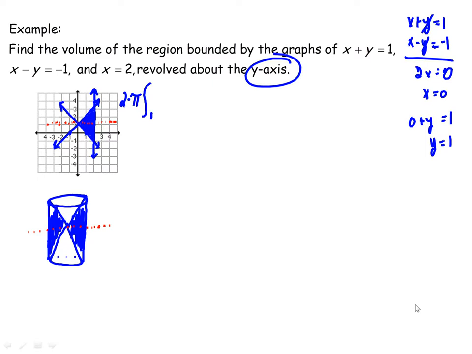Now how am I going to figure out the upper boundary? Look, here's the upper boundary. What two lines intersect here? This one and this one. So how am I going to find the y boundary? Plug 2 in for x and solve for y.